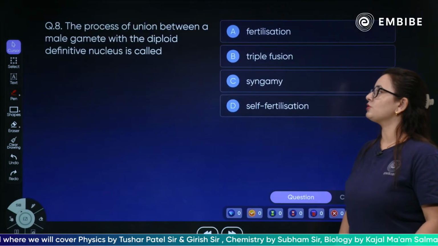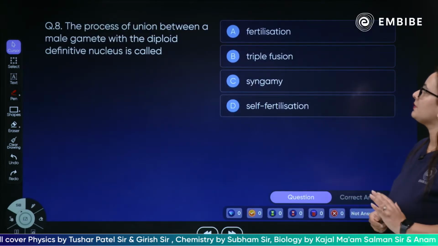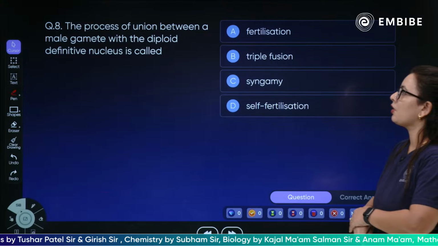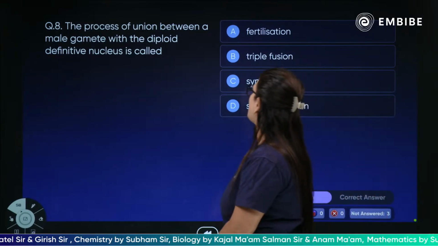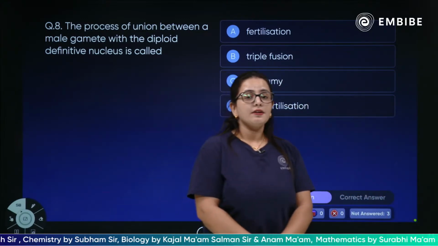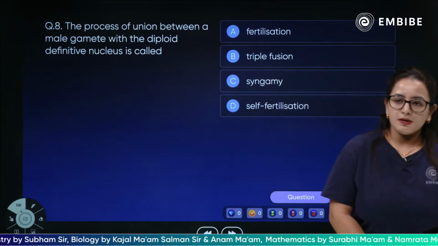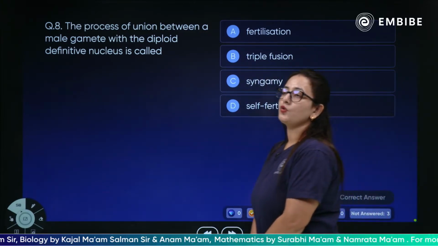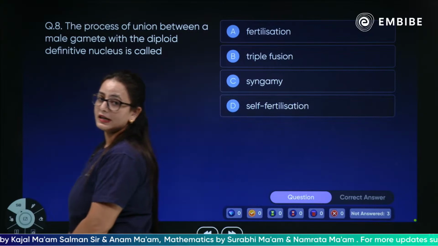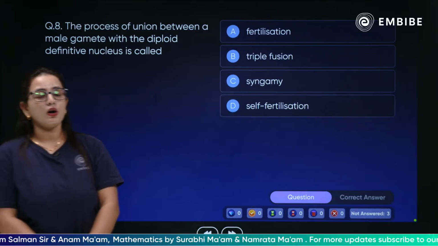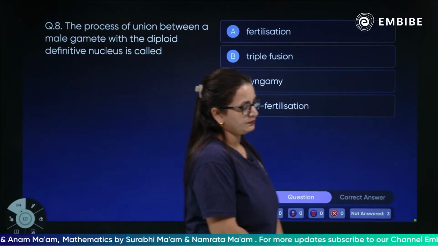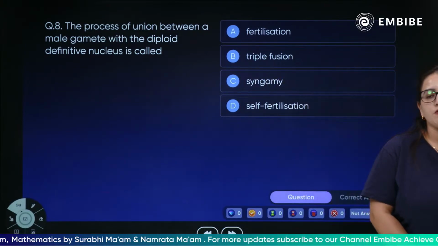Very simple. Next question. The process of union between a male gamete with a diploid definitive nucleus is called what? Read carefully. The male gamete is fusing with the diploid nucleus. What kind of a fusion is it?